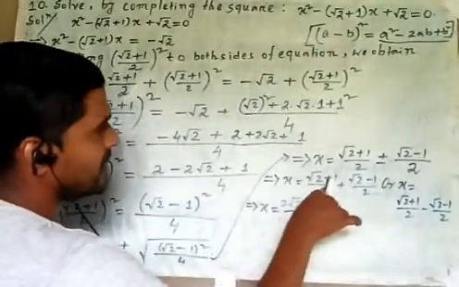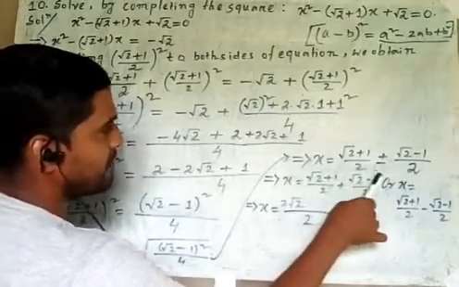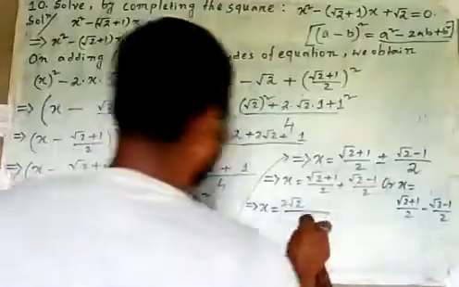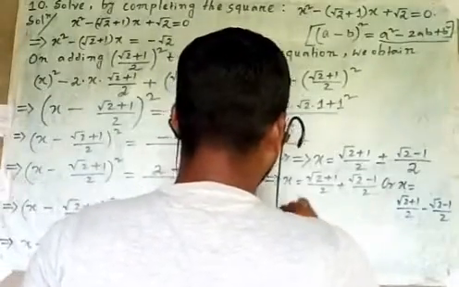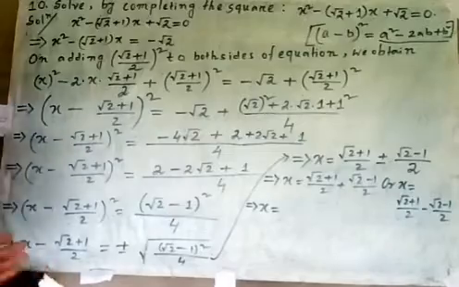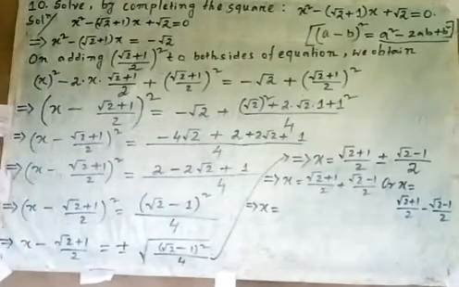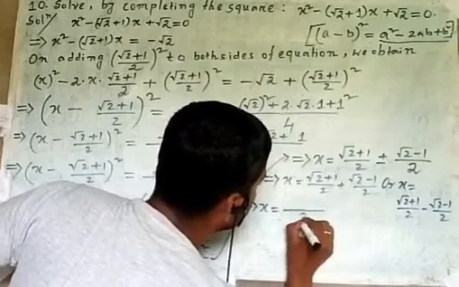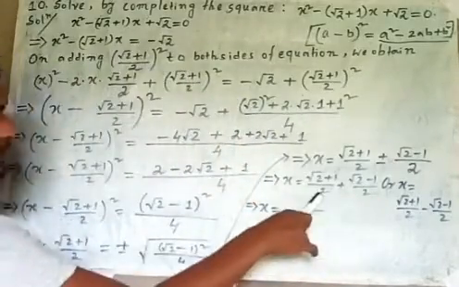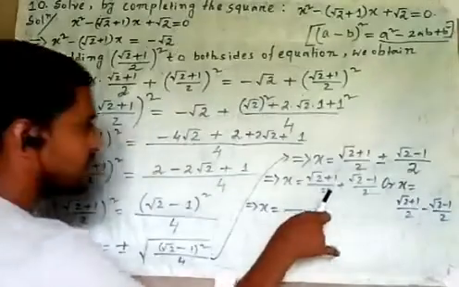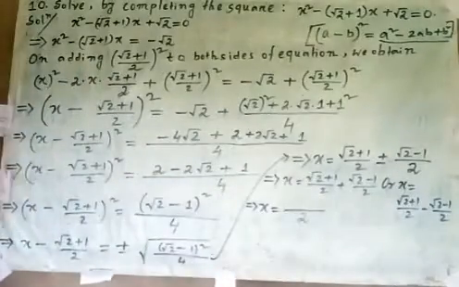Then plus 1 minus 1 cancel, it means what remains? Try to understand, since the denominators are same, then we can add directly.